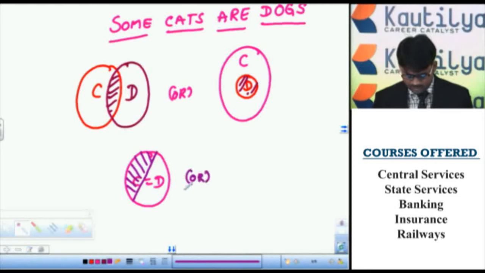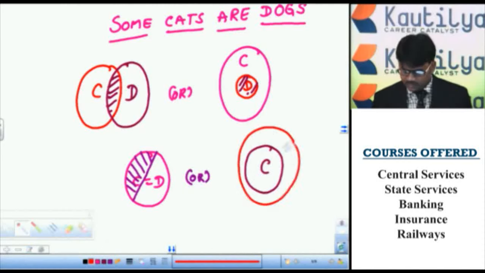If you take the cats, all cats belong to dogs, in that the given statement is represented by some of the cats. These are the representation diagrams for the given statement.